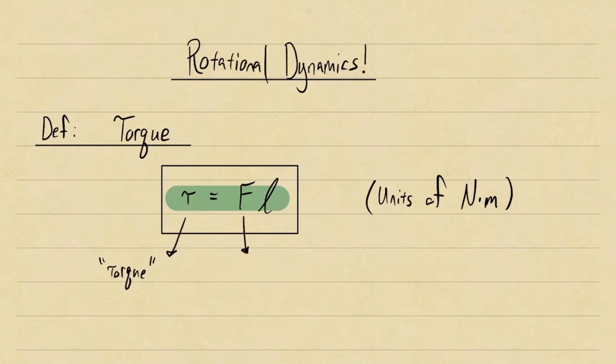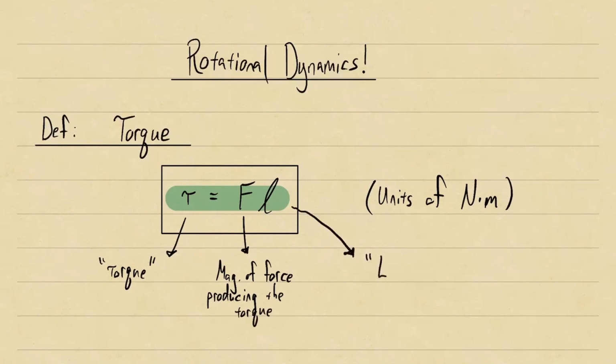F is the magnitude of the force producing the torque. And then here L is what we call the lever arm.